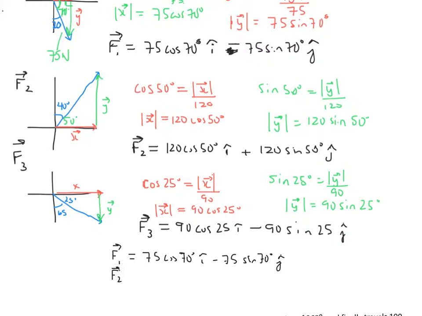Force vector 2 is 120 times the cosine of 50 degrees times the i hat plus 120 times the sine of 50 degrees j hat. And then we have force vector 3. And notice I'm lining up all of the i hat vectors together, and the j hat vectors are lining up underneath each other as well, because we're going to do columnar addition here with these.